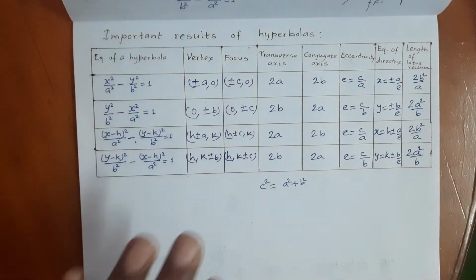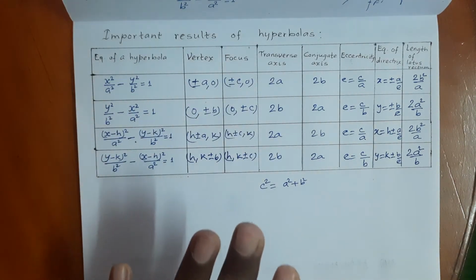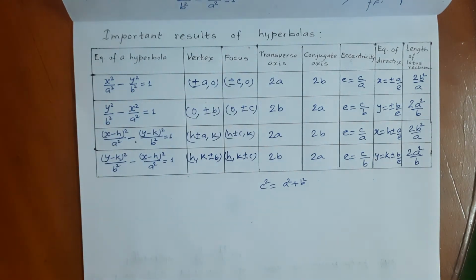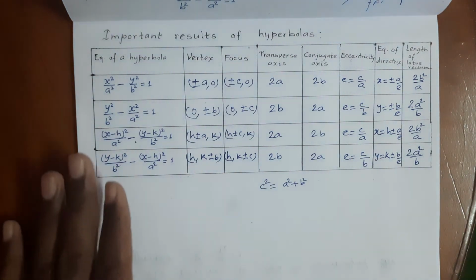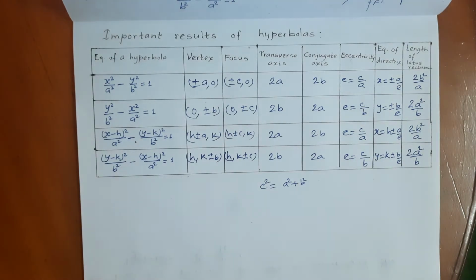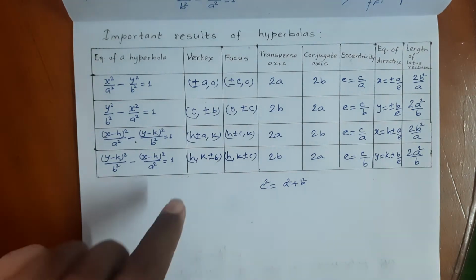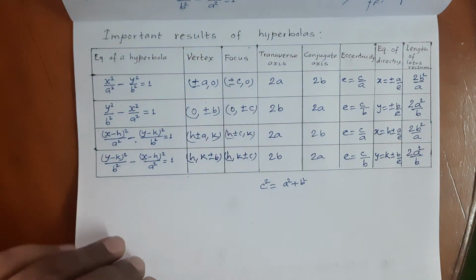Okay, these are the important results of hyperbola, and these results will be used to solve problems on hyperbolas. And if you have remembered all the results of ellipse, then all the results are same, so it is easy for us to remember the results of hyperbola as well.